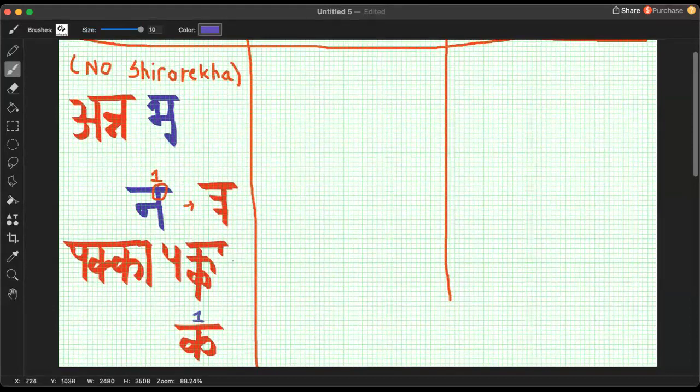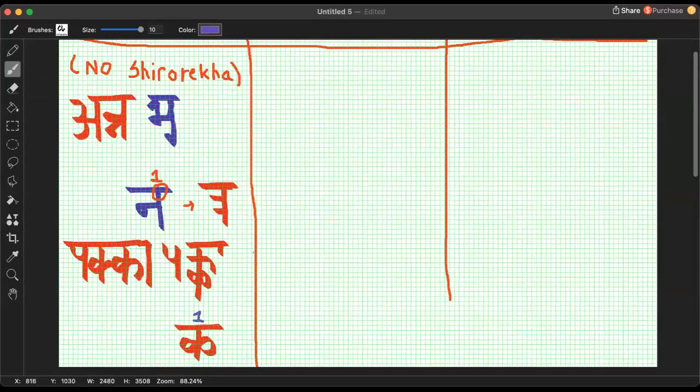Okay, number one. Number two, for example, the word pakka. Now we learned in revision and the previous class ka with u, and we learned there's a different way of writing ka. There are two ways of writing ka in Sharda. Now, how do I decide in a word like pakka which ka has to be on top and which ka at the bottom?